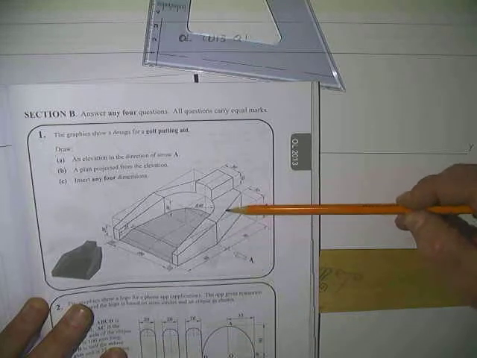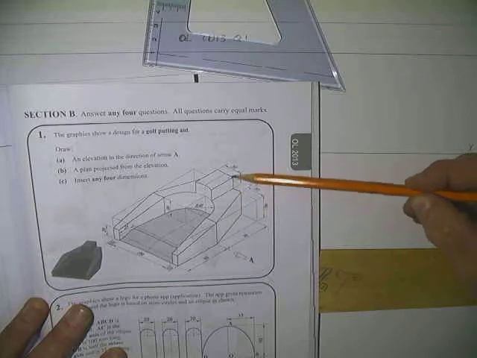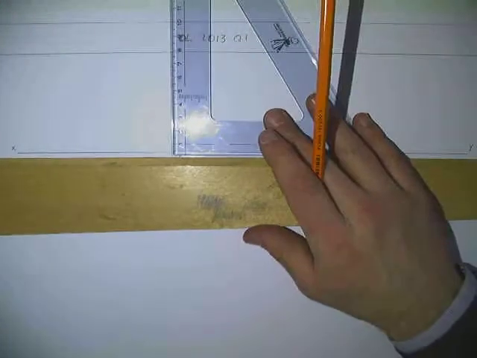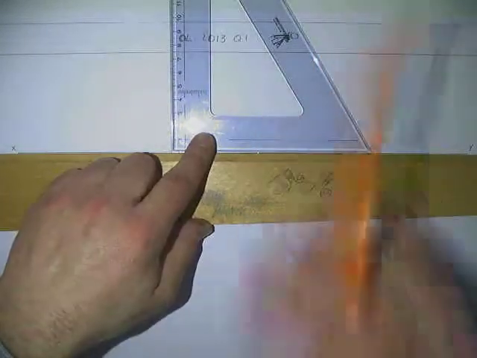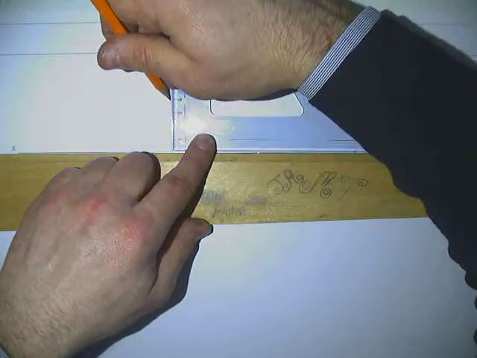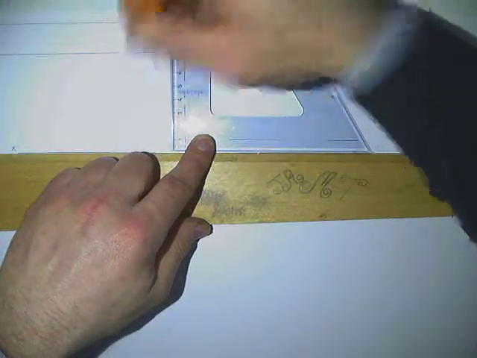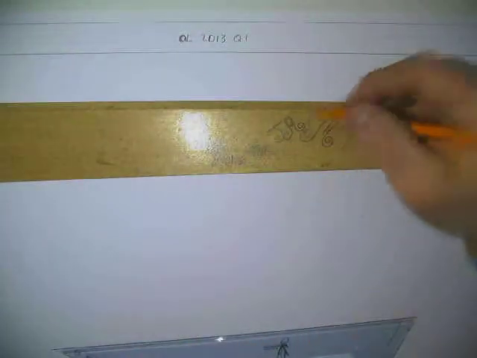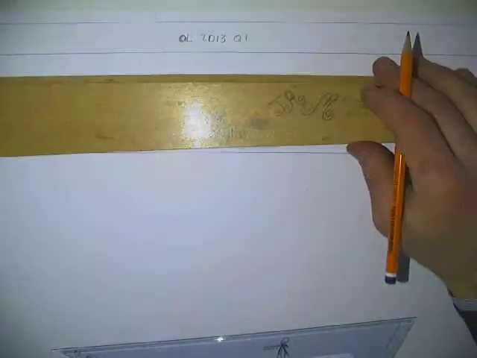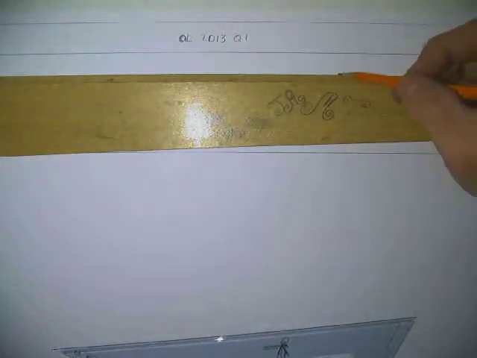The height of this surface here is 40 millimeters, and this surface is 20. So measure up 40 millimeters and an extra 20 on top of that. They are the heights of my surfaces. Put those lines in lightly.